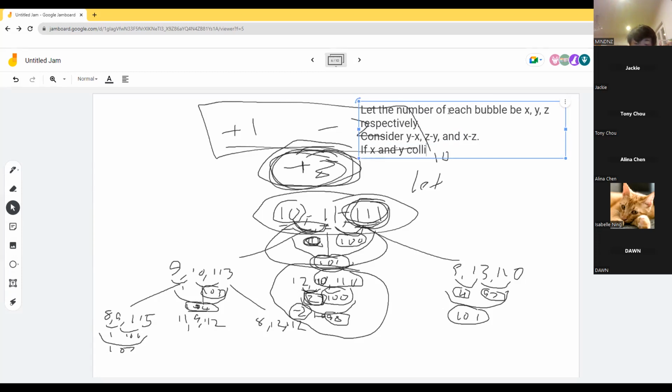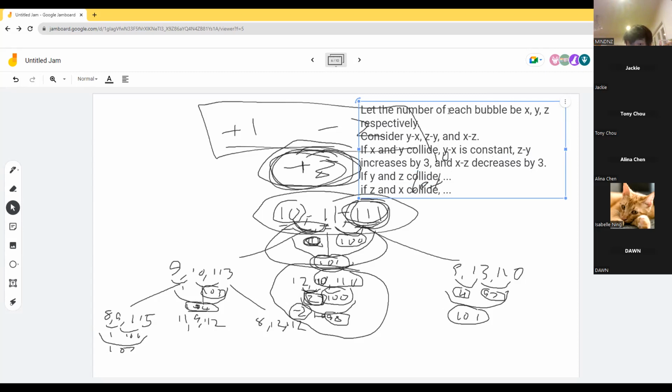X and y collide. Y minus x is constant. Z minus y increases by 3, and x minus z decreases by 3. And if y and z collide, it's very similar, and if z and x collide, it's very similar. So therefore, we've proven that the difference will always change by a multiple of 3.